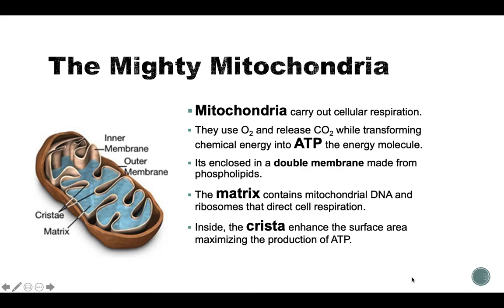They are the powerhouse of the cell. Inside of this mitochondria occurs a process called cellular respiration, which involves using oxygen, transforming sugars along a big metabolic process into carbon dioxide, and using oxygen to create ATP, which is the molecule of energy.